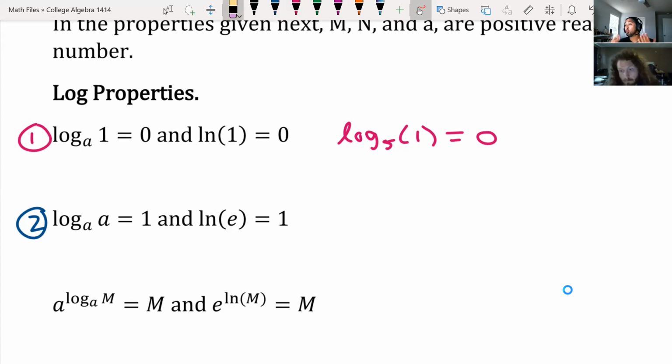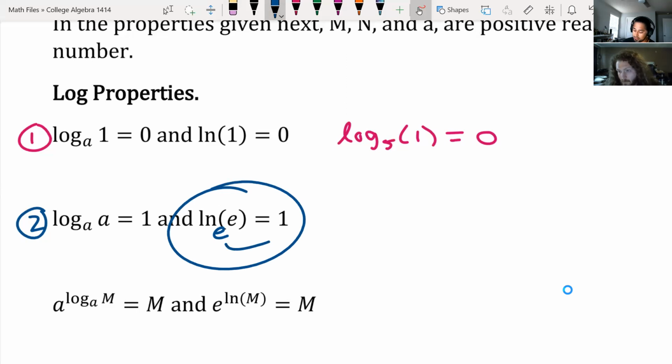And of course, the reason for these values is because of the exponential rules as well. Let's say that we wanted to convert one of these to exponential. Let's say we convert the natural log. If I converted this, it would be e to the first power, and you would set it equal to the inside of e. Well, it just so happens that e to the first is e, so it all checks out.